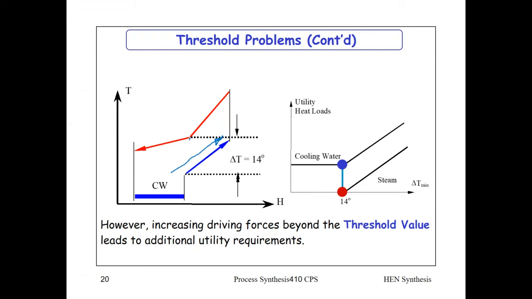Then we might get our 10 degrees C temperature difference from there to there. But now that's silly, because we're going to have to use cooling water to cool down this very hot stream over there. And we'll still use the same amount of cooling water, because now we need cooling water to cool down the coldest part of that hot stream over there.